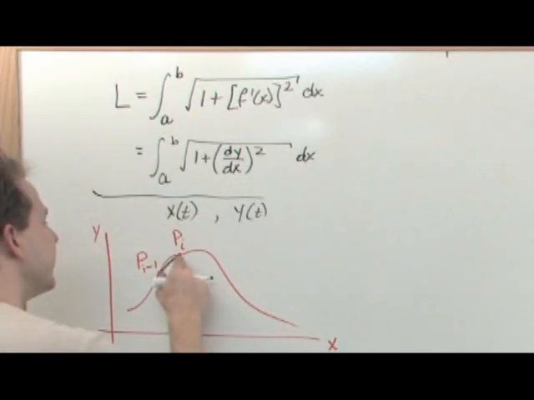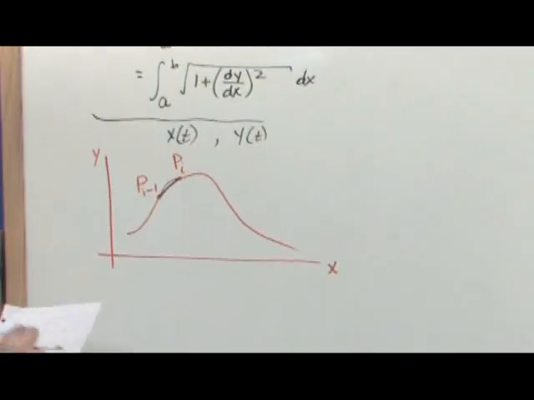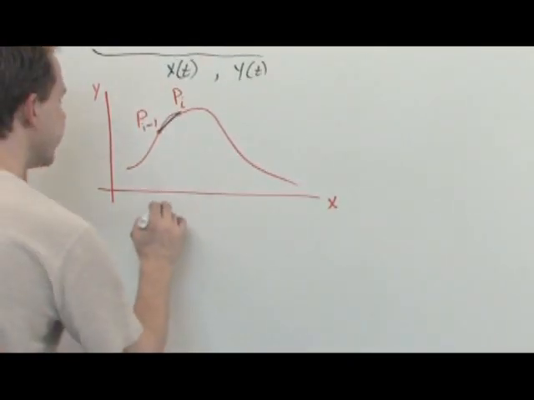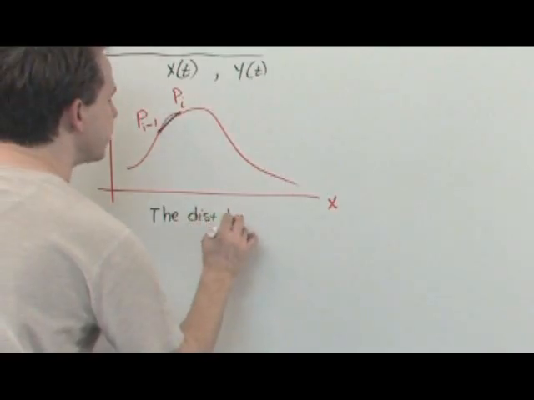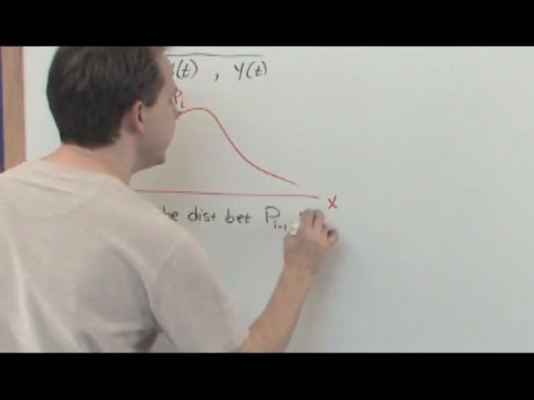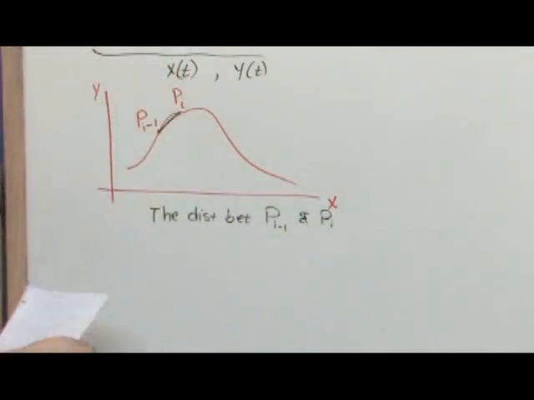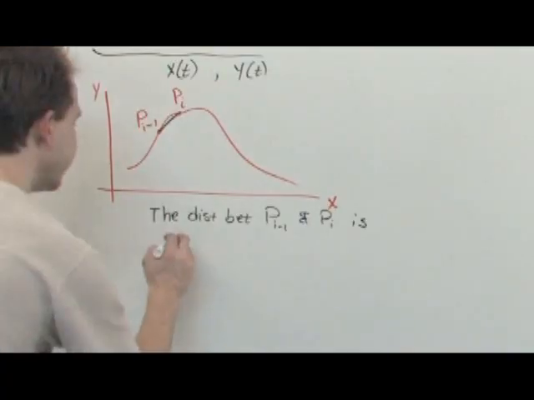We looked at the distance between 2 points, the straight line distance, and then we just sort of went from there and derived that arc length formula. Okay, so the distance between P sub i minus 1 and P sub i, the straight line distance, is given by the following.